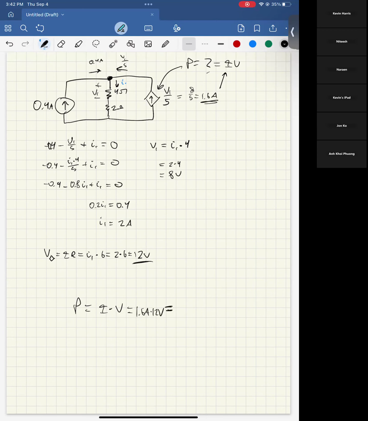Sorry about that. Don't lose track of your numbers like I did. So 1.6 times 12 is going to be, according to my calculator, 19.2 watts. Thank you for the call out. My apologies.